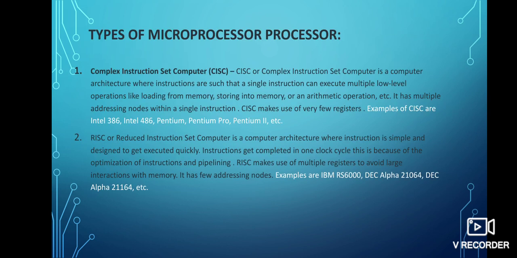Types of microprocessor. There are two types of microprocessor. First, complex instruction set computer, CISC. CISC is a computer architecture where instructions are such that a single instruction can execute multiple low level operations like loading from memory, storing into memory, or an arithmetic operation.